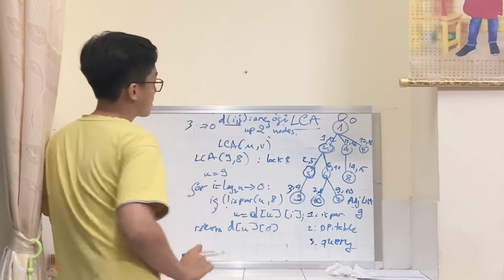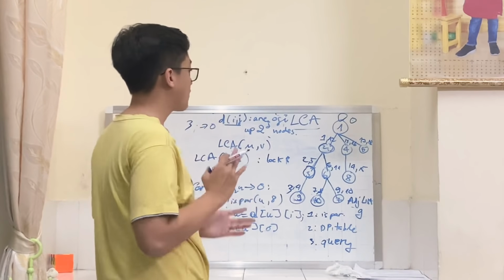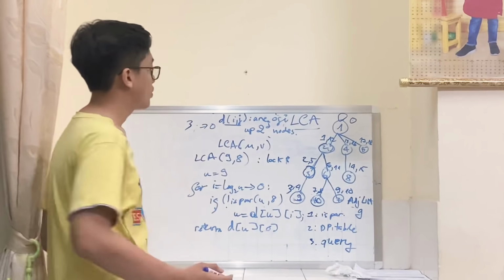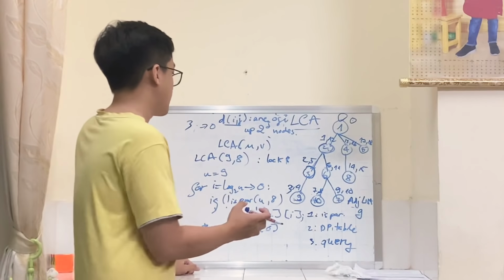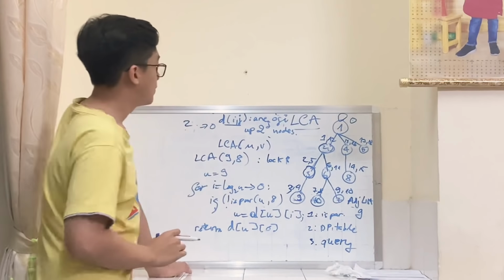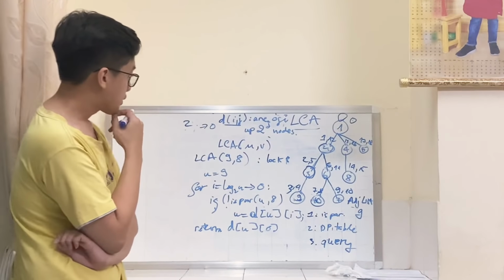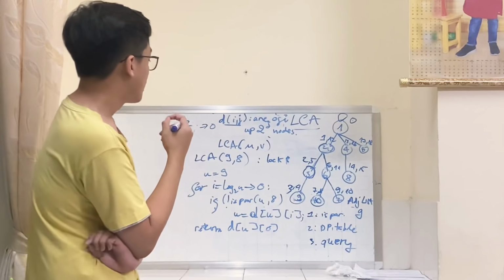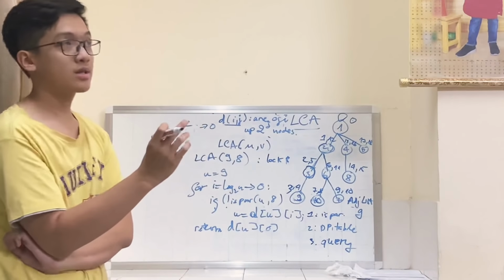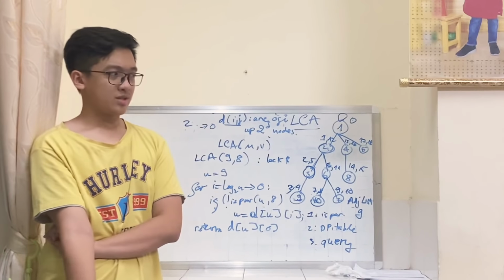Next is 3. So d9 3 is the ancestor of node 9 up to 8 nodes. Counting 1, 2, 3, 4, 5, 6, 7, 8, it's still 1, and 1 is still an ancestor of node 8. Then d9 2 is the ancestor of node 9 up to 2 to the power of 2 nodes, which is 4.